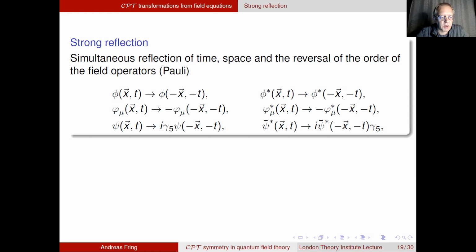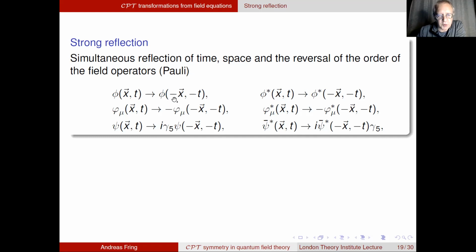So first I will look at the strong reflection, demanding again what we demanded before, that the field equations and the commutators are preserved. And when you go through this analysis, as I argued before, and I suggest we do this in the tutorial, or you do it at home by yourself, then this will guarantee that these equations are preserved. These transformations will do this.